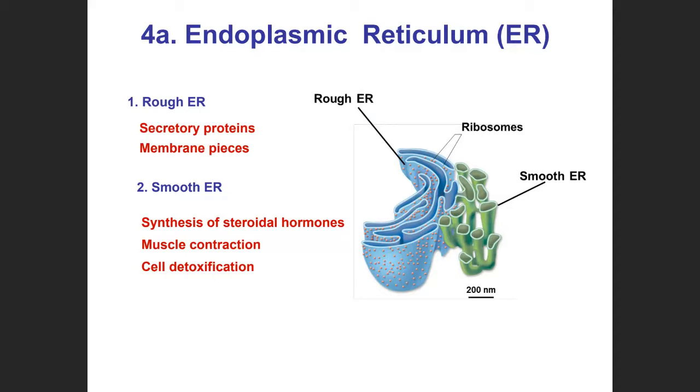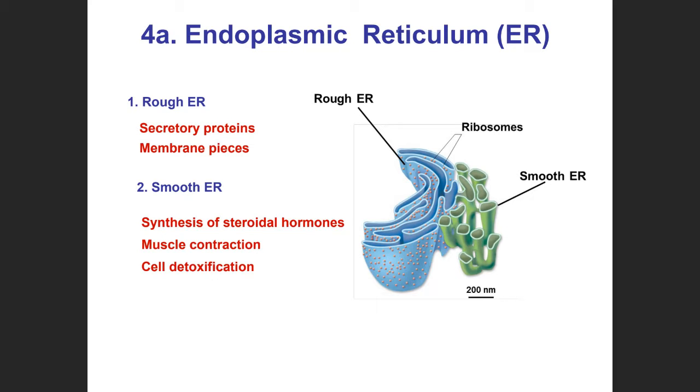Smooth versus rough. The rough endoplasmic reticulum's job is to secrete protein. The smooth endoplasmic reticulum is responsible for synthesizing lipids, in parentheses, fat. This is why they are smooth. They also play a role in cell detoxification and muscle contractions.